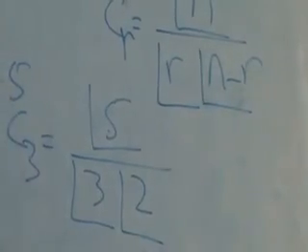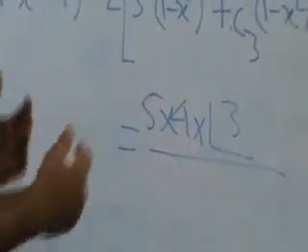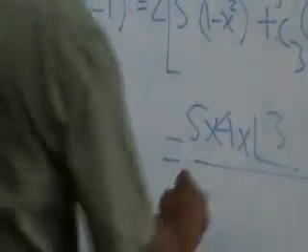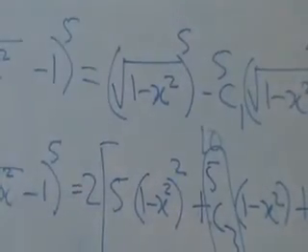And factorial 5 is nothing but 5 into 4 into factorial 3. So 5 into 4 into factorial 3 over factorial 3 and factorial 2, which is 2. So 10. So this term here is 10. Right? Thank you.